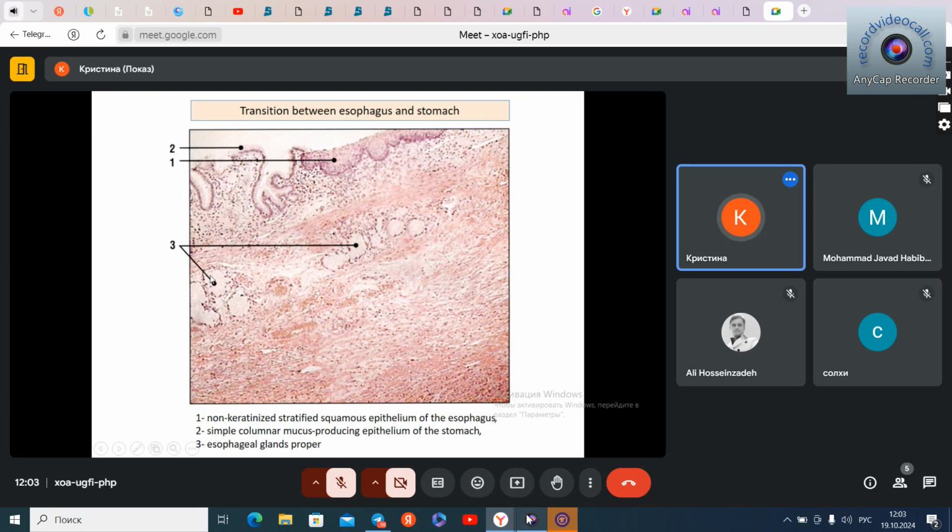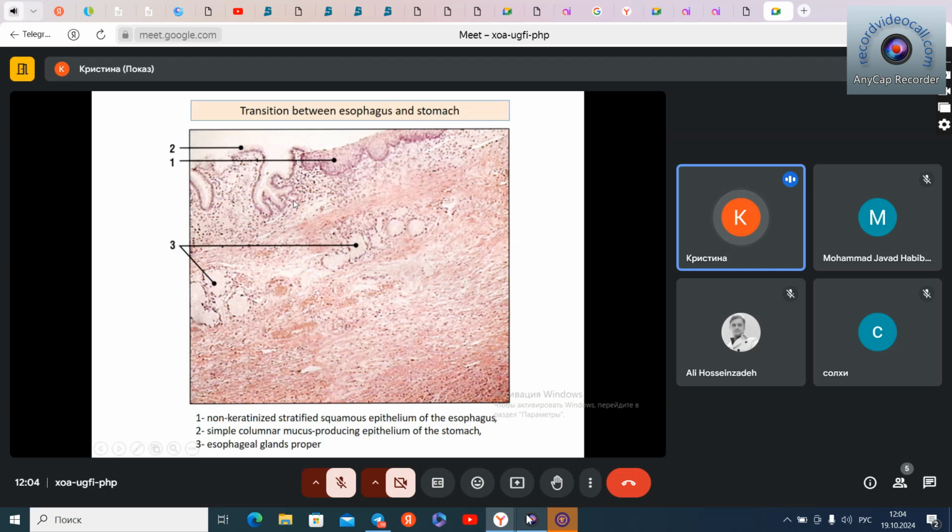So here the stomach starts, but in this region we still see the glands of esophagus. Actually, these are the secretory portions, but the ducts will lead to the surface of the esophagus, not to the surface of the stomach. In stomach we have the gastric pits and gastric glands.